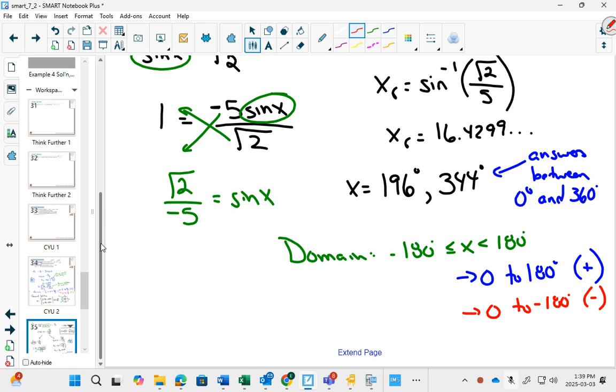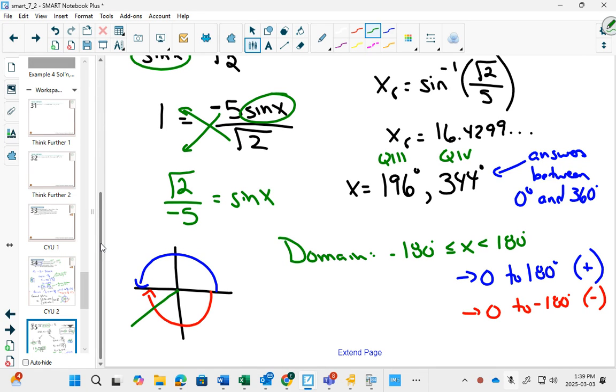Question? Yeah. So if I look at what this means, I have in the positive direction these answers, in the negative direction these answers. Where were our answers? We had an answer in quadrant 3 and an answer in quadrant 4.